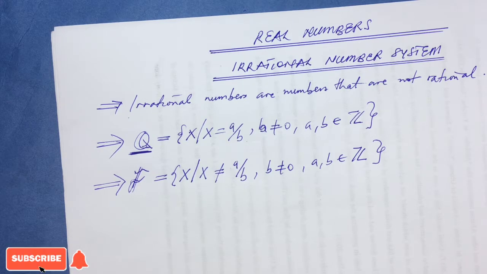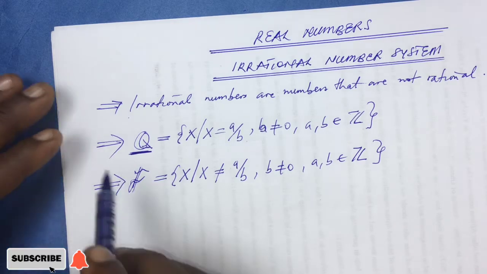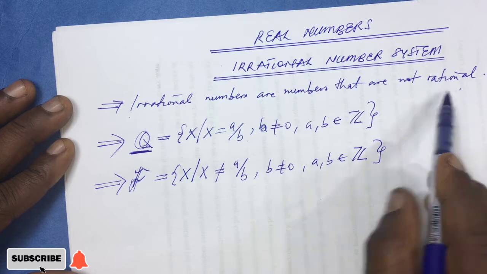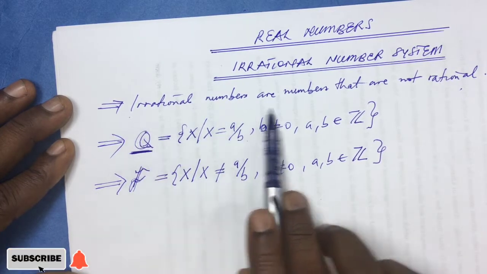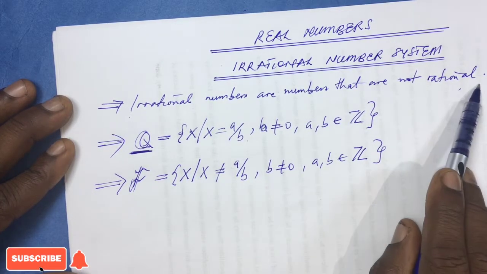In the next one in the series, our focus was rational numbers. Now we are also calling this video real numbers, but our focus is to discuss the irrational number system. Again, irrational numbers are numbers that are not rational.